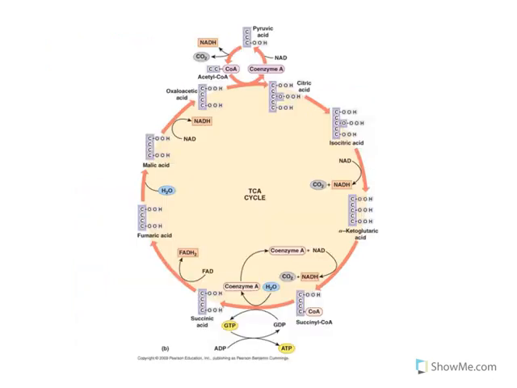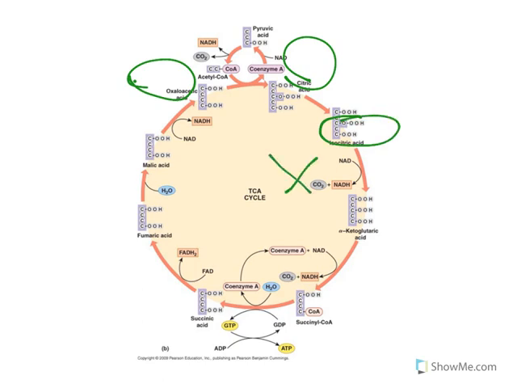You don't need to know the individual steps, but our acetyl-CoA is going to join with oxaloacetic acid to form citric acid, which is then going to be converted into isocitric acid. Here we have one of our NADHs being produced, and also we're losing a CO2 there.